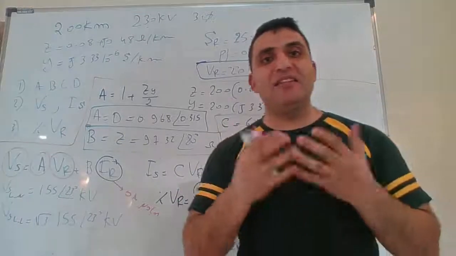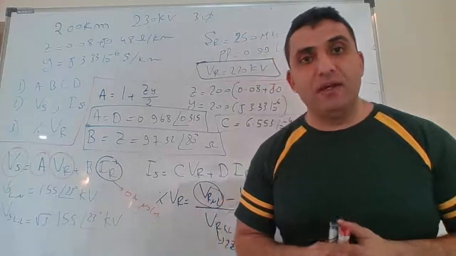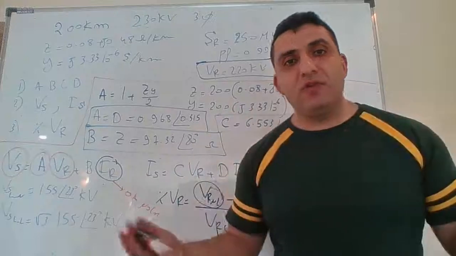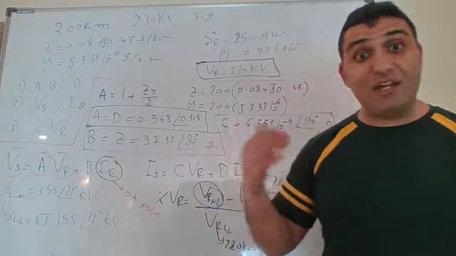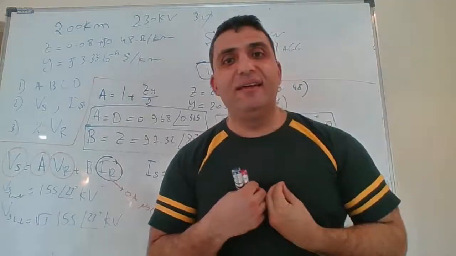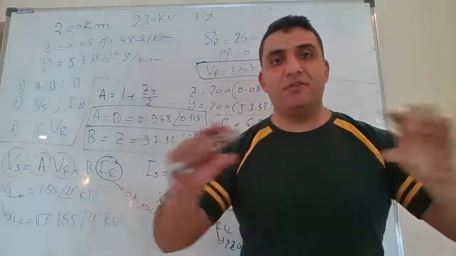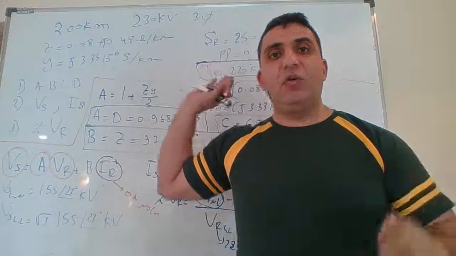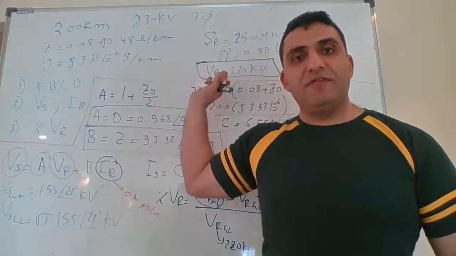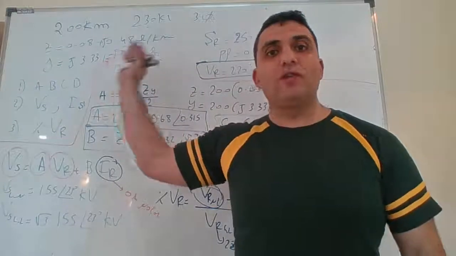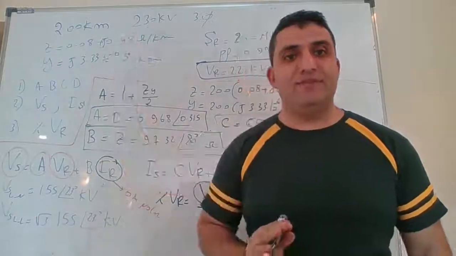I can plug these ABCD values into any computer software, MATLAB, Excel, any software you like, and generate my own software to calculate, if I have the V receiving and I receiving, what's required for the sending values.